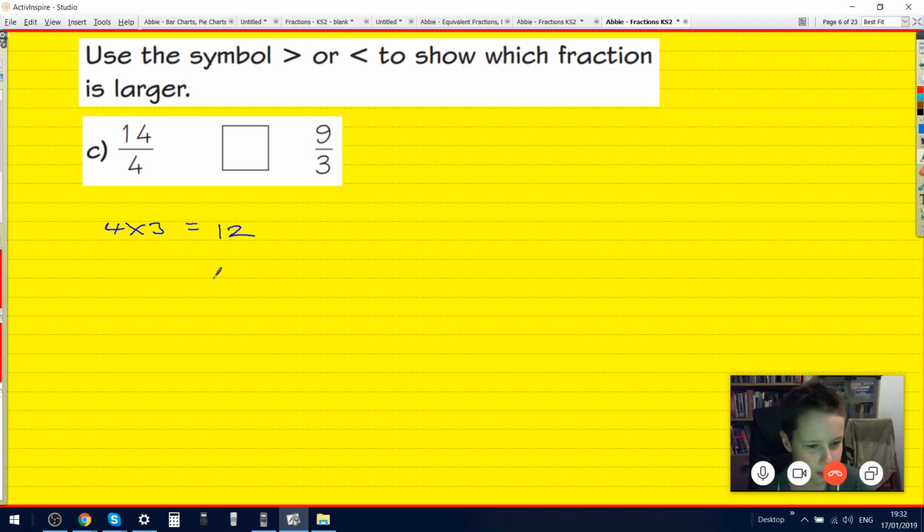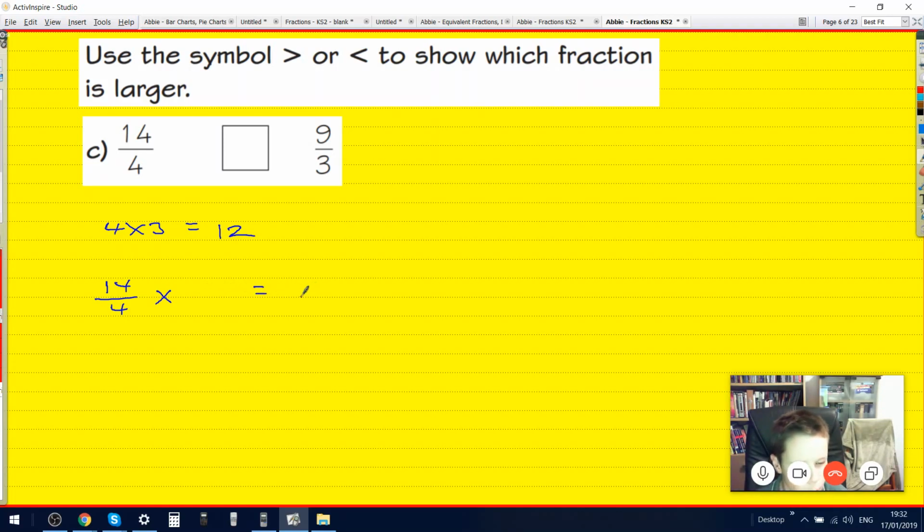For the numerators, or top numbers, you would first need to remember what you did to the denominator to get to 12. We times the 4 by 3 to get to 12, and then you would times 14 by 3, which is 42.